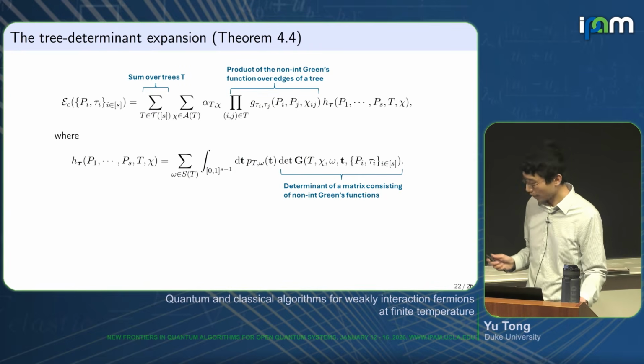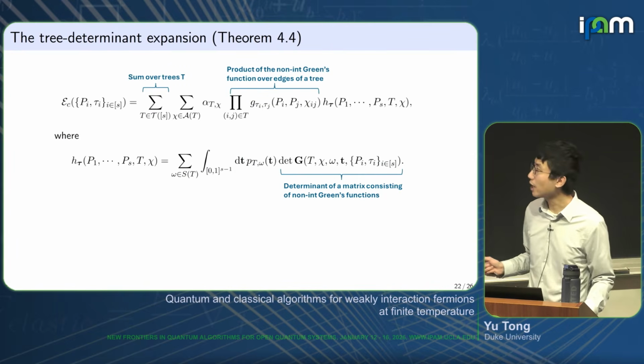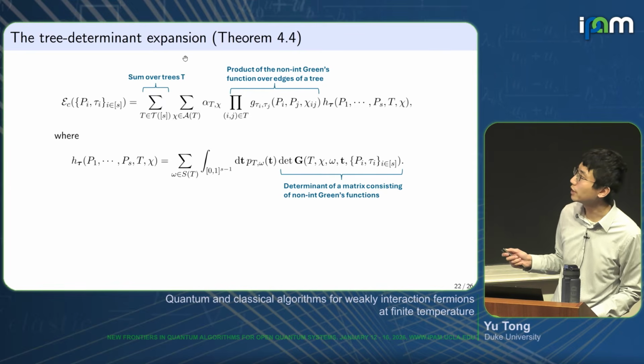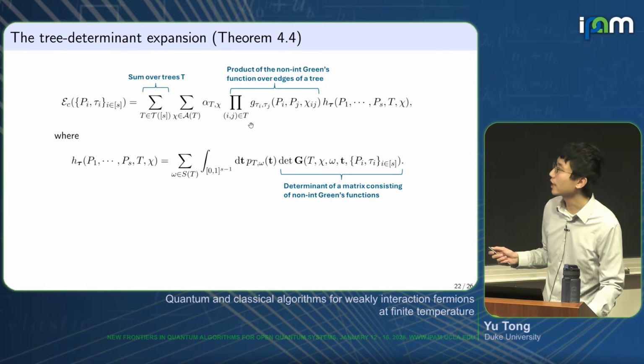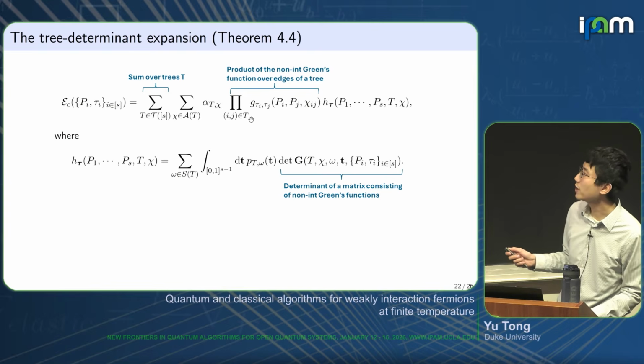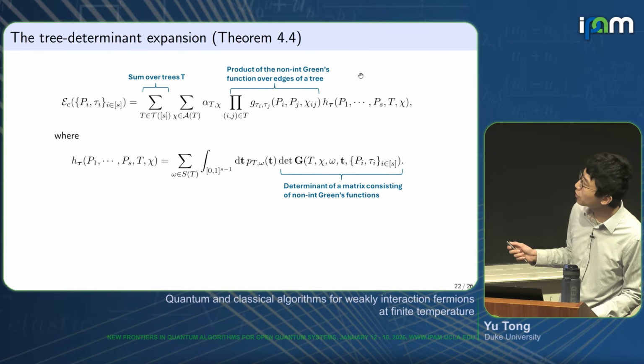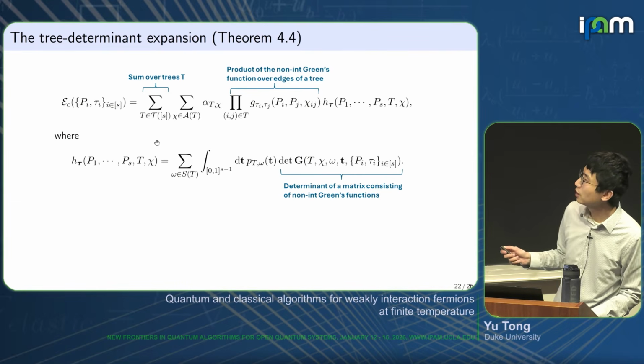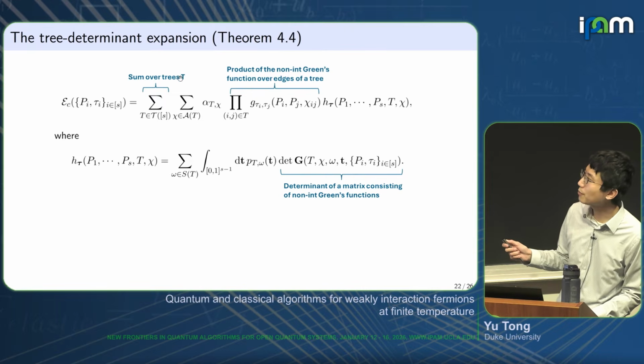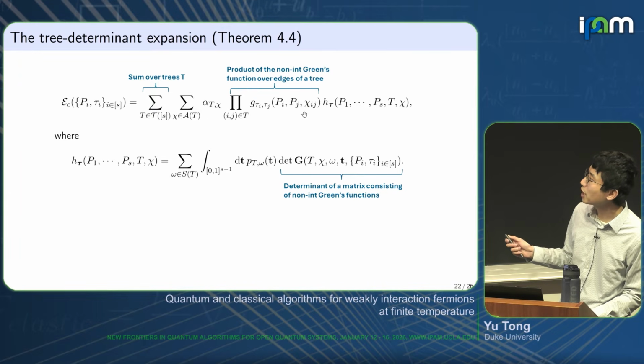So how do we do that? This is done through the tree-determinant expansion that I mentioned. Again, it might look kind of scary, but there are several components that are really important. In this expansion, you have a sum over trees. This is the first important point. For each summand, you get a product of non-interacting Green's functions arranged on a tree.